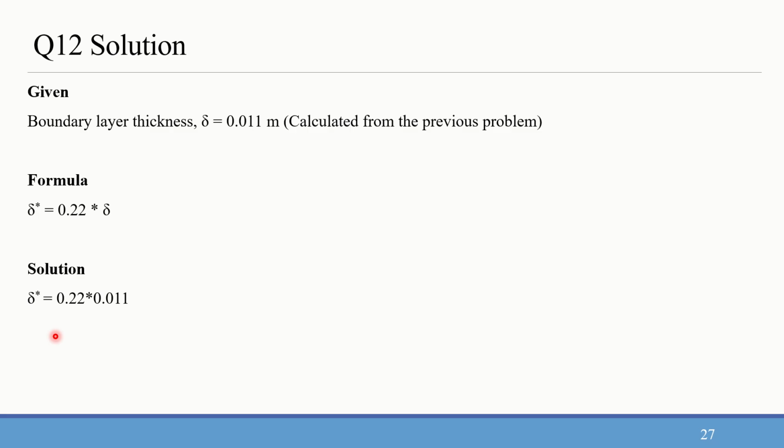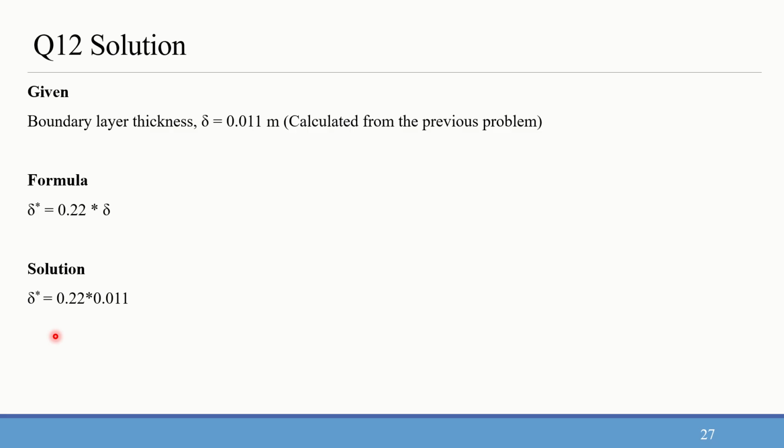One minute, I'll just check once. Okay, it can be 0.33 or 0.22.